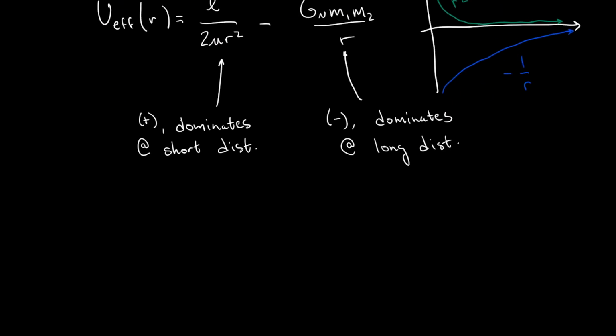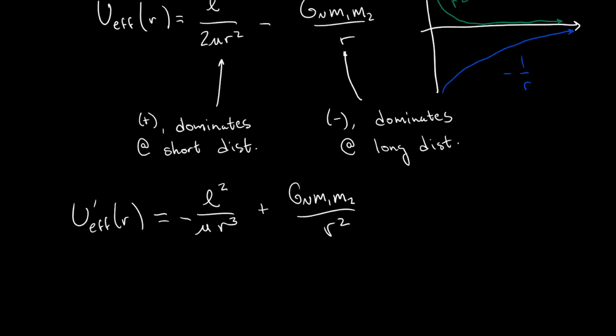We know that if the slope is flat, that's equivalent to the derivative vanishing, correct? So we'll just take a derivative of this effective potential with respect to r, which I'll designate by a prime. And this is, not L cubed, sorry, L squared over mu r cubed, plus G m1 m2 over r squared. Want that equal to 0.